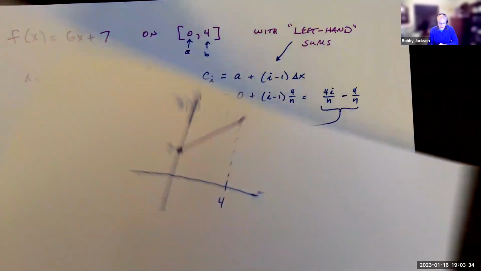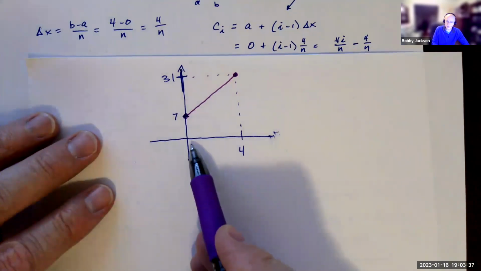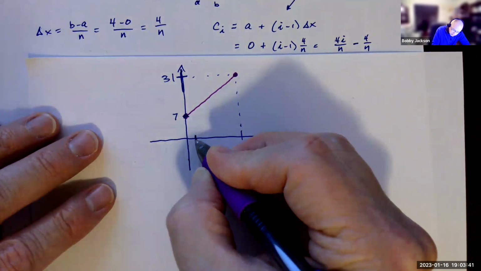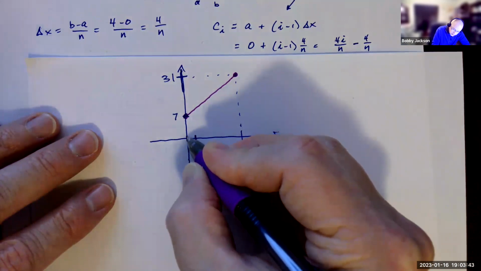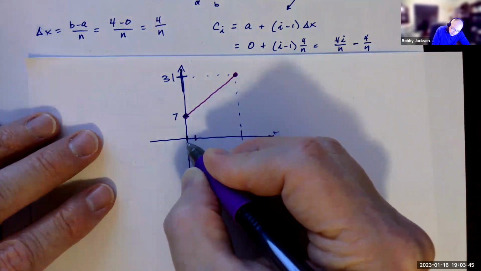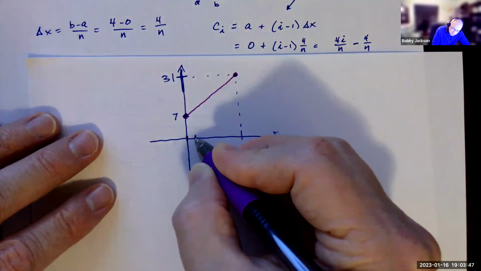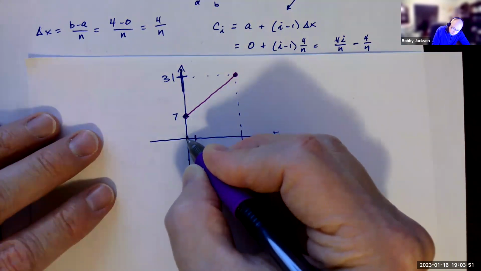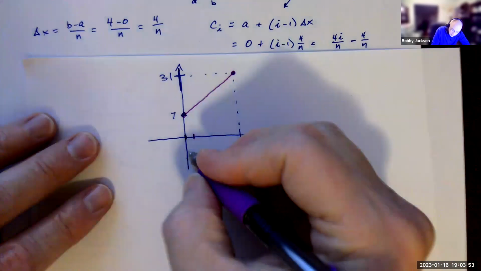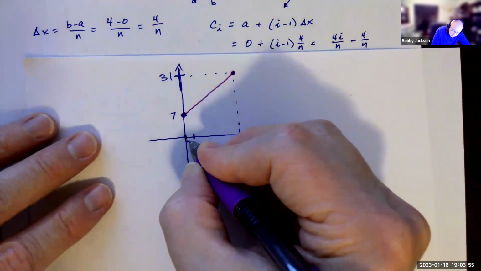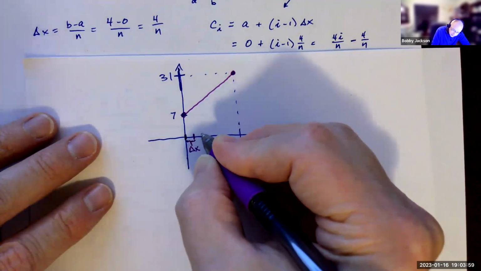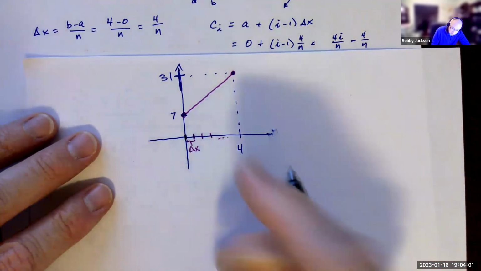If I'm breaking this interval from 0 to 4 into n equally spaced subintervals, my first subinterval would be from 0, which is the value of a, to this right-hand endpoint. So the left-hand endpoint is 0 for the first one. And remember the width of these intervals is delta x.